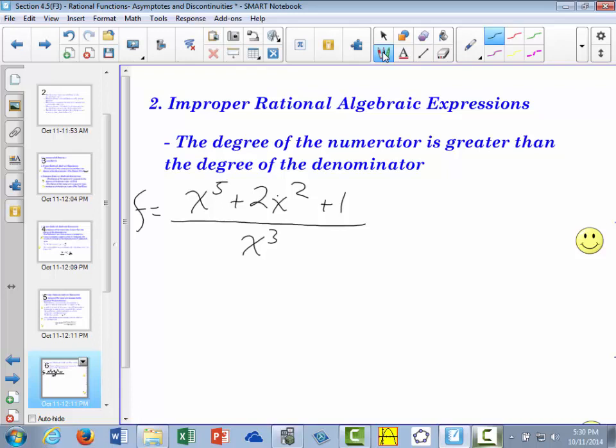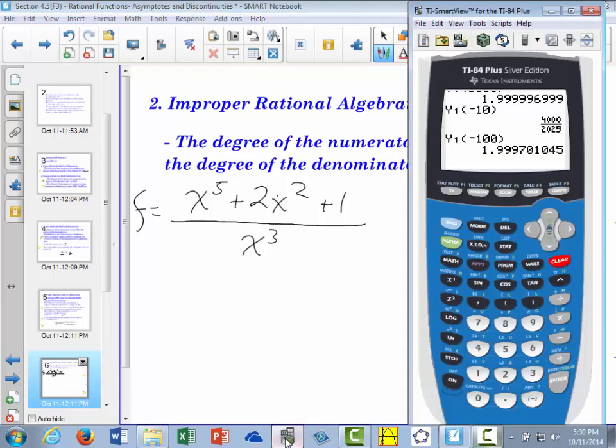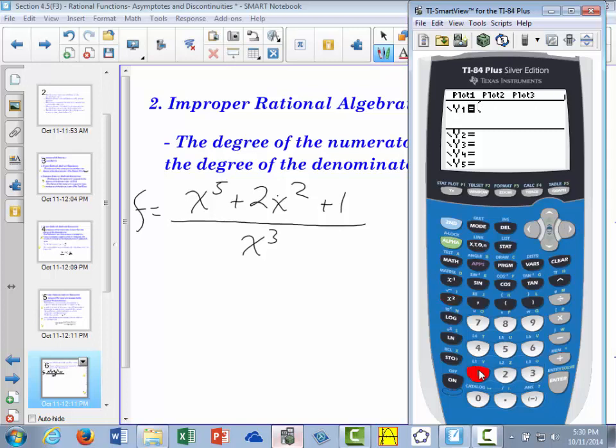Let's go in, change to y equals, clear that out. Parentheses, x to the 5th plus 2x squared, so x raised to the 5th plus 2x squared plus 1, and all divided by x cubed.